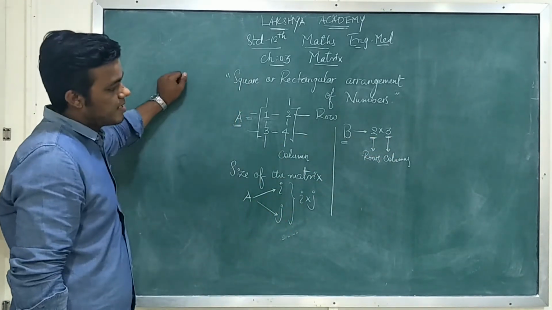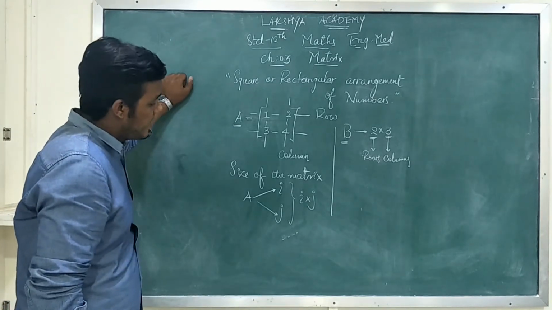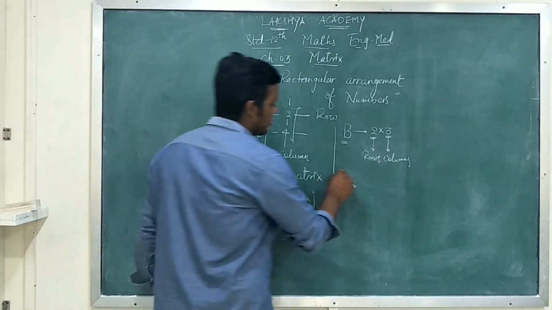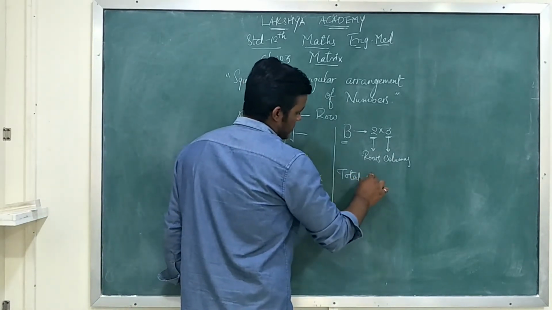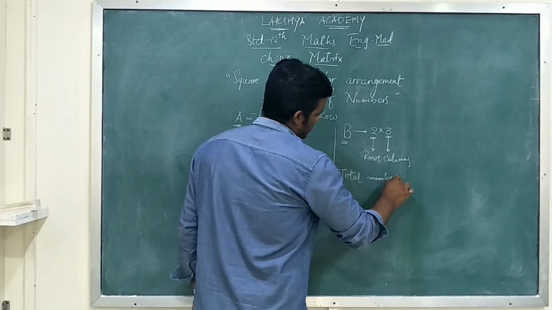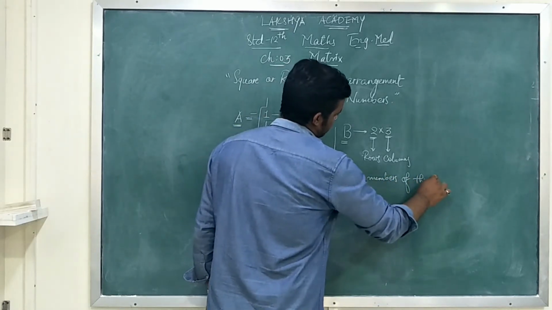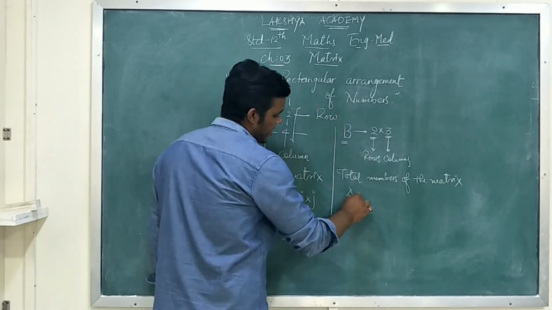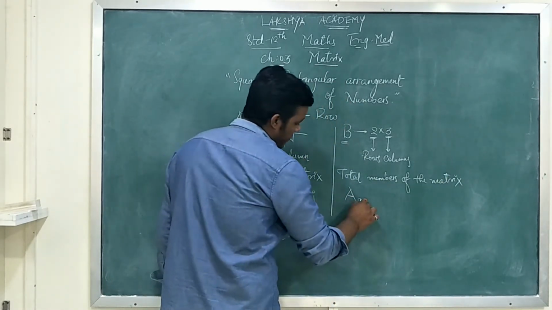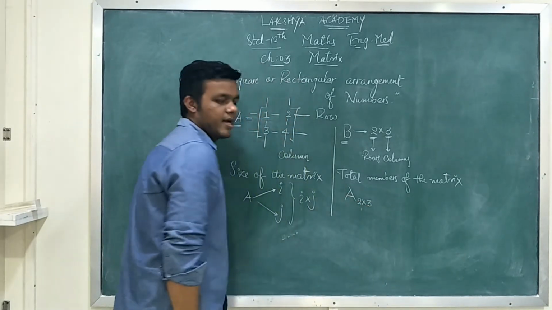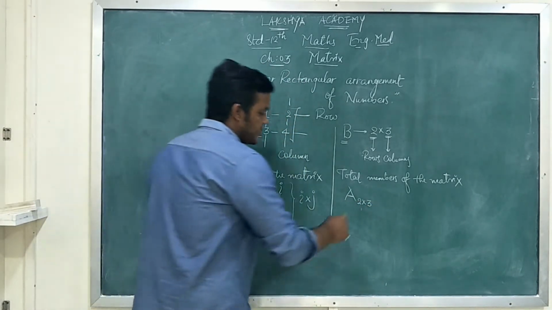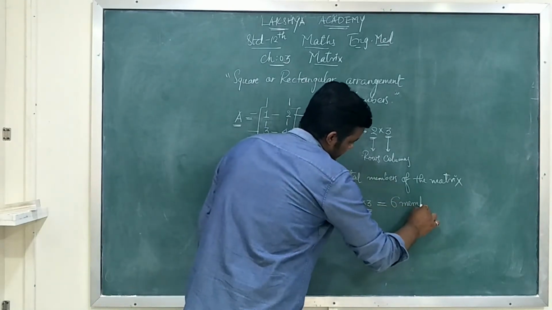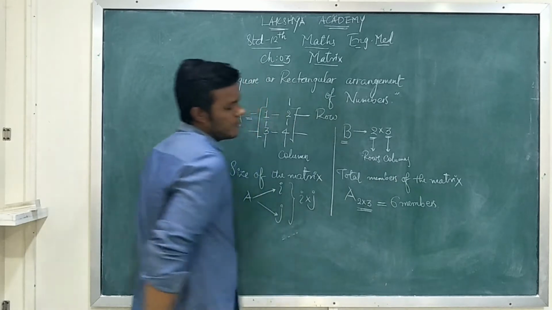Now the next thing is what we can decide from the size of the matrix. We can decide the total members of the matrix. Suppose matrix A is of size 2 cross 3, then we can tell it will have 2 times 3, that is 6 members, right?